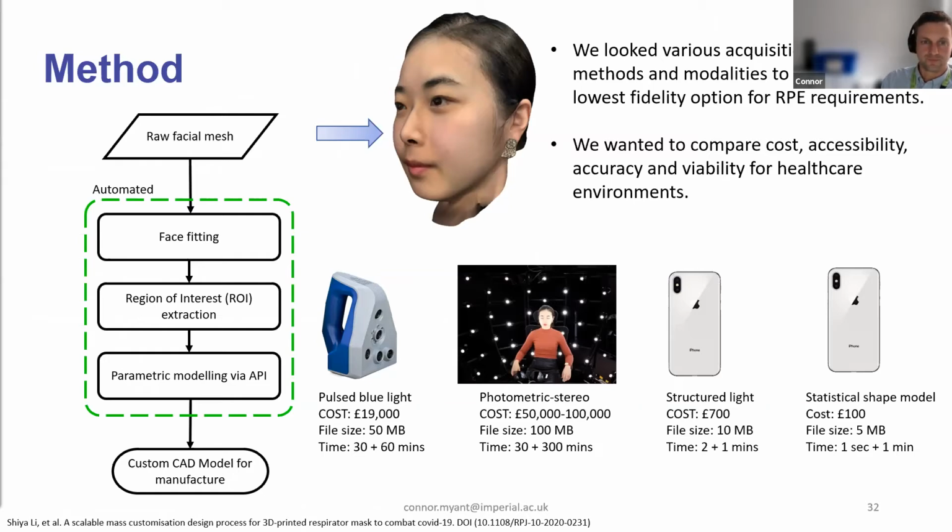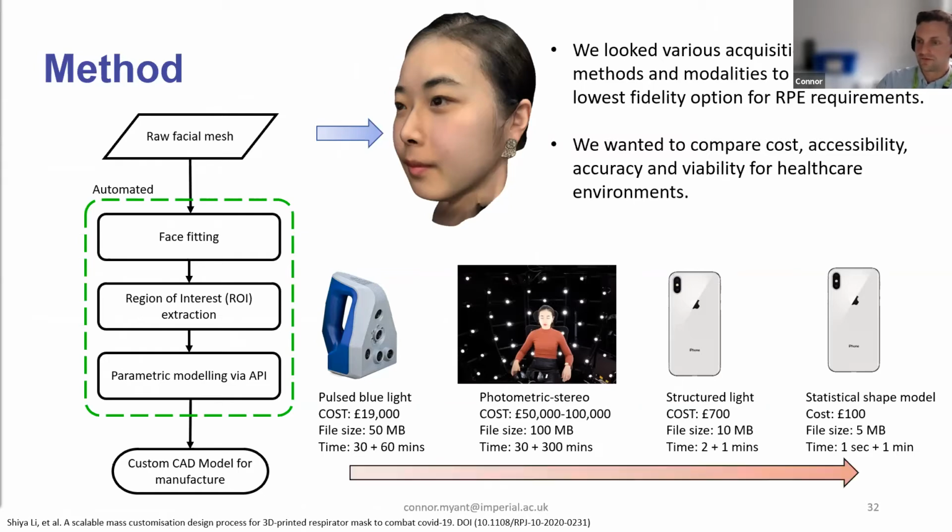And what we found as we go left to right through these is that we're going down in accuracy, down in resolution, but we're going up in scalability, up in viability, up in deployability. So you have to find a kind of happy position somewhere in here.